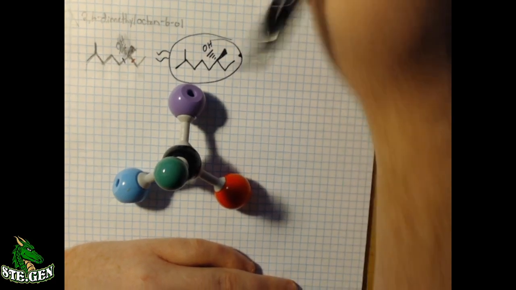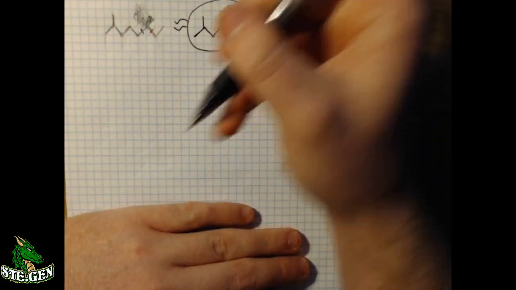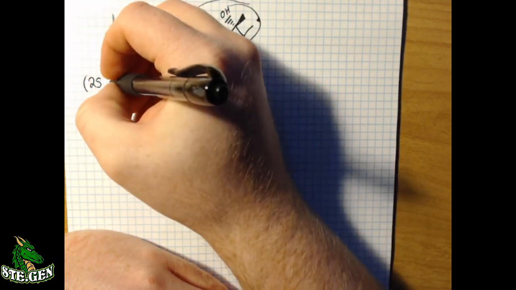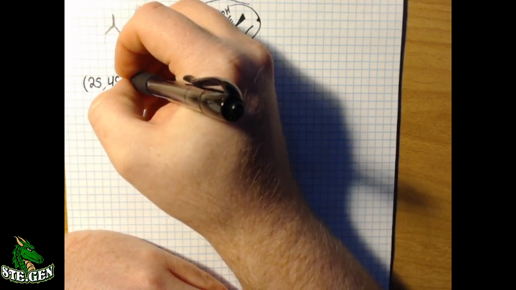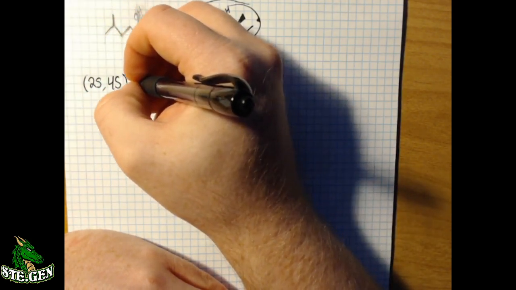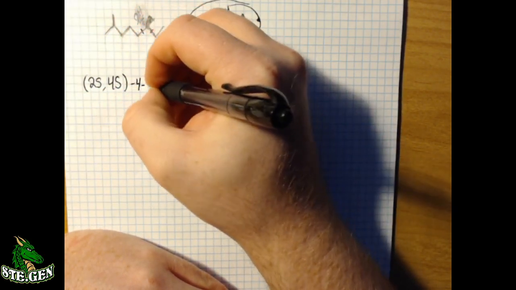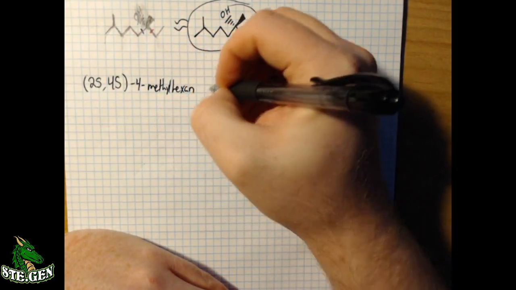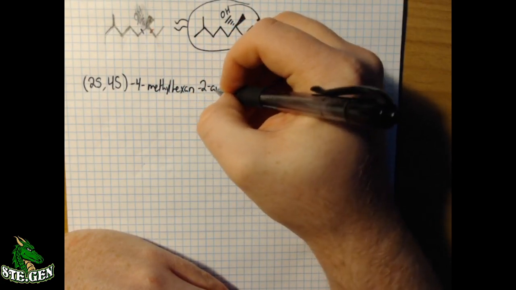Okay, our next example, I'm going to redraw it down here. We've got parentheses, 2S, comma, 4S, close parentheses, 4-methylhexan-2-amine.